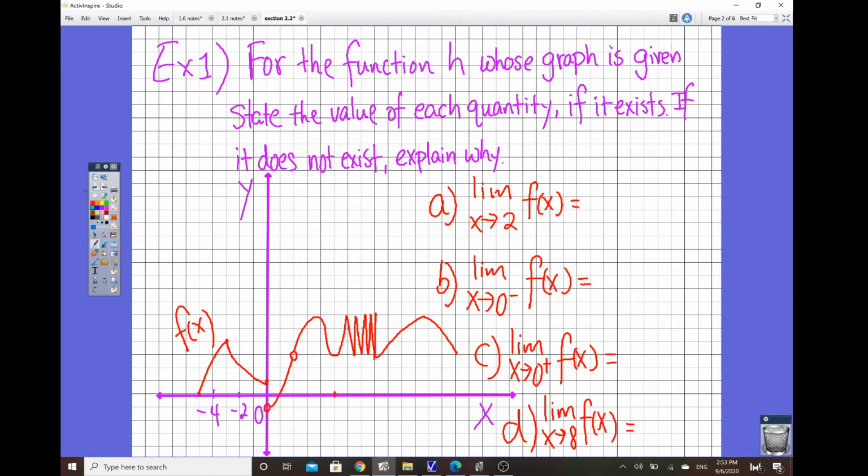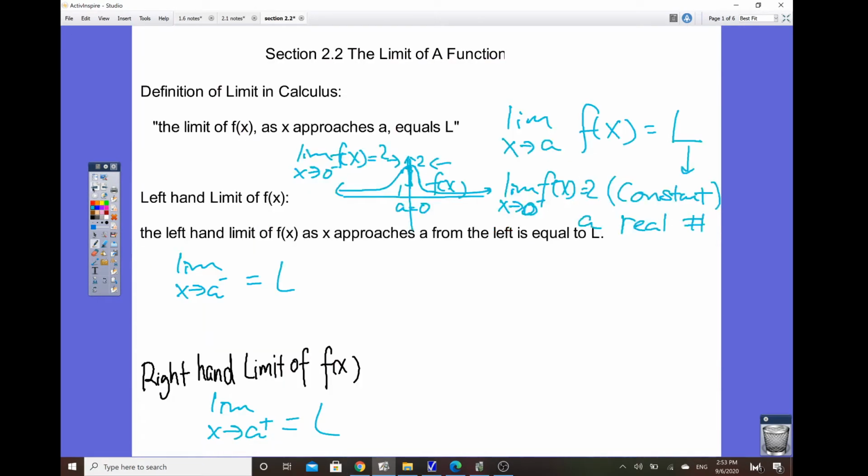Now why do we need to discuss the left side limit and the right side limit? In order to have a limit exist, let's say that L exists as x approaches a.